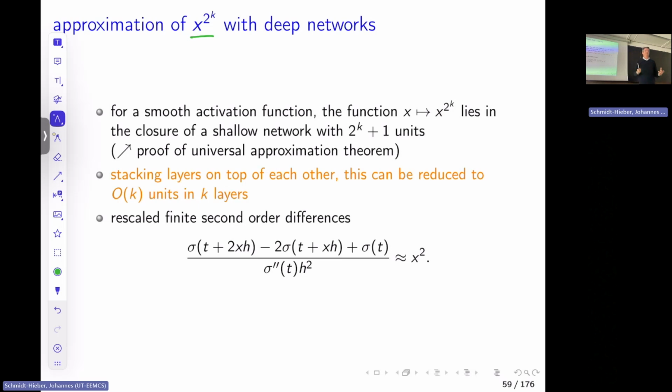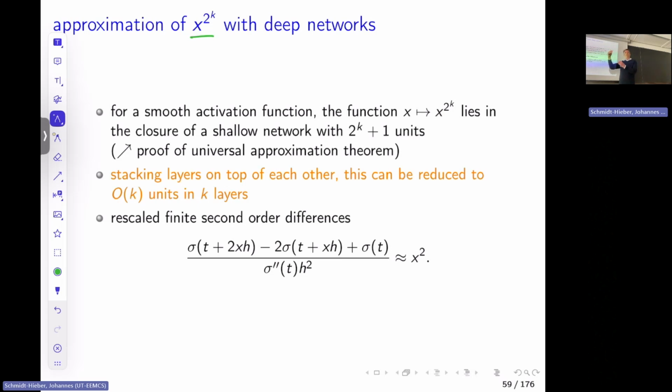So I discussed x squared as an explicit example, and that takes 3 neurons in the hidden layer. If you want to do that with x to the 2 to the k, you need 2 to the k plus 1 units in the hidden layer. So it's a very, very wide network if the degree is large. But what you also can do is, and that's why I have picked x to the 2 to the k, in this case, you can build a network.